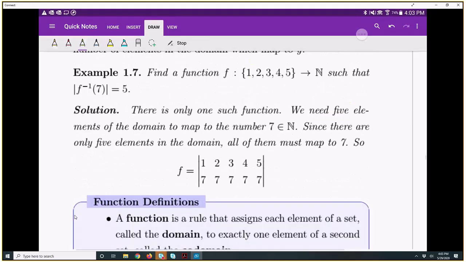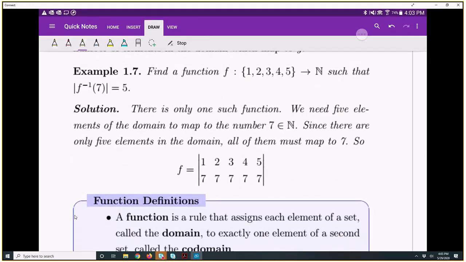Well, there's only one such function, because we need 5 different numbers to all get mapped to 7, and there are only 5 elements in our domain to begin with. That means I have to send them all to 7. 1 maps to 7, 2 maps to 7, 3 maps to 7, 4 maps to 7, and 5 maps to 7. So this, I think, would be a very nice question for a test or a quiz to make sure that you understand these concepts here.